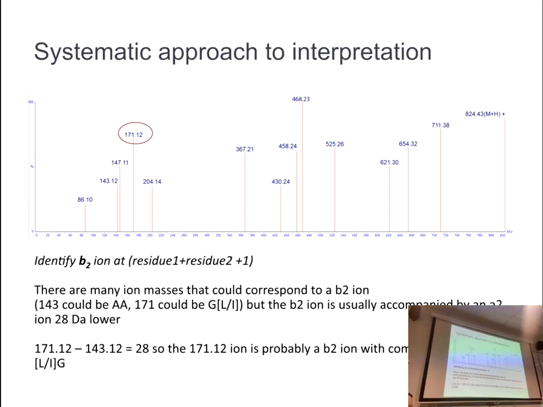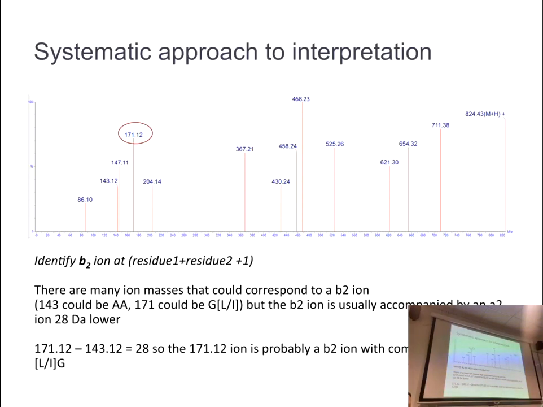Then we've got the same thing. Is there any B2 ion here? But what else? What would you say about whether it's the Y1 ion? Do you remember the two values that we've got? We've got 147 for lysine and 175 for arginine. So we already have a hint that we probably have a lysine here. But if you look at the table, there are many masses that correspond to the B2 ion.